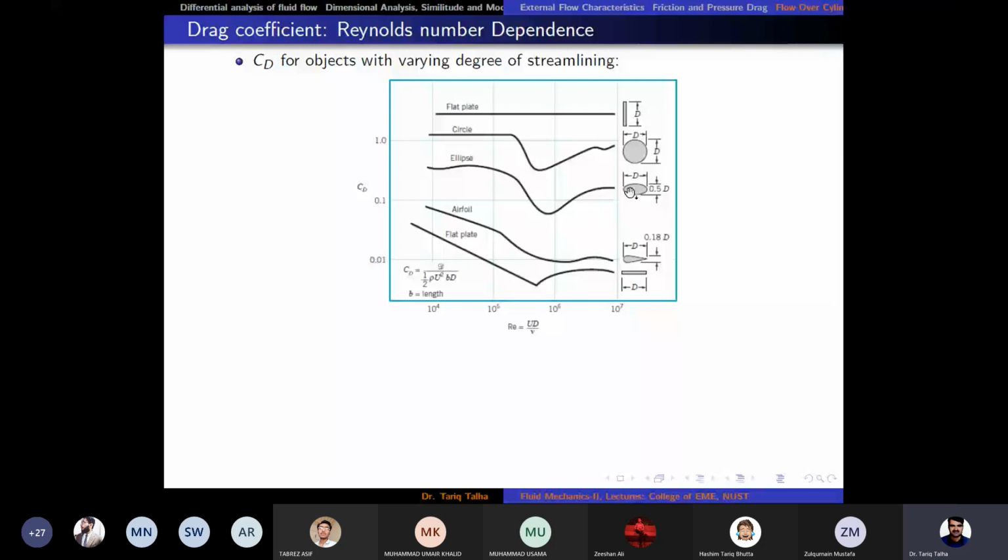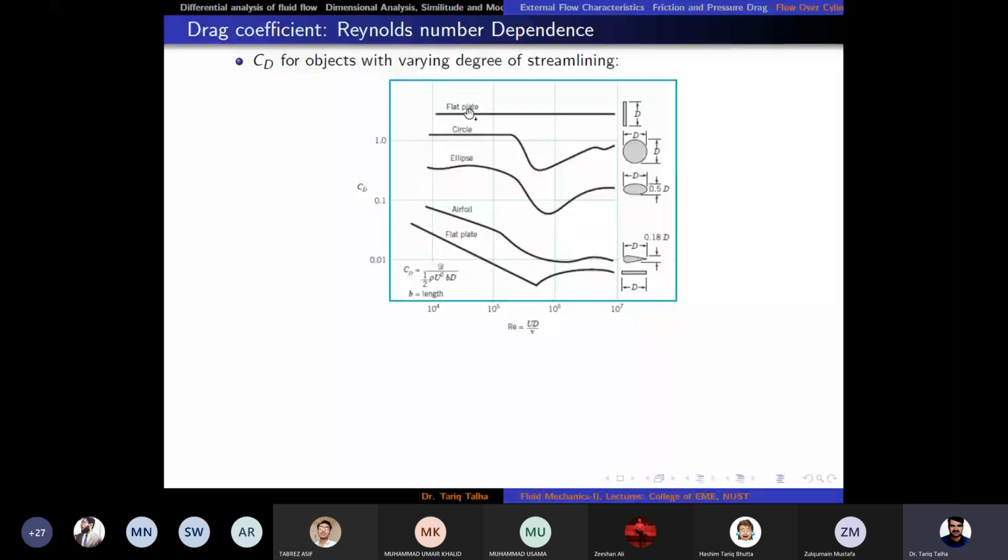For the streamlined body, interestingly, CD is decreasing, so it means that even in the range of 10 to the power 3 to 10 to the power 5, the total drag force is only a linear function of Reynolds number, not Reynolds number squared, which would be the case when this is a straight line.